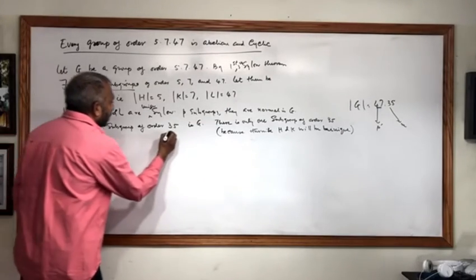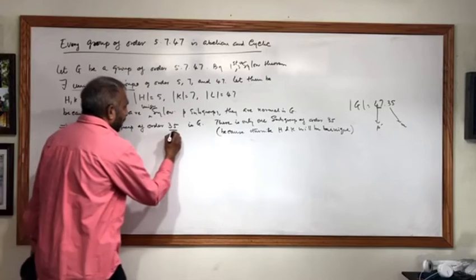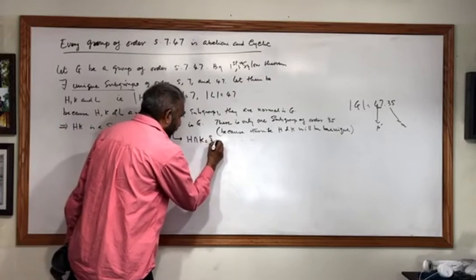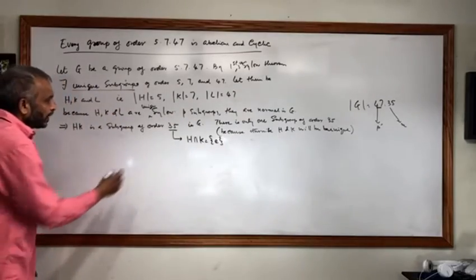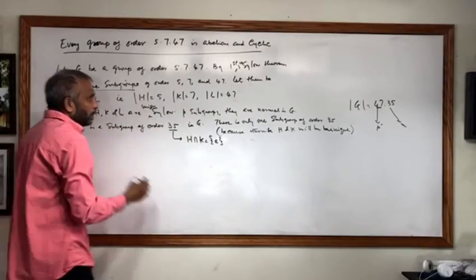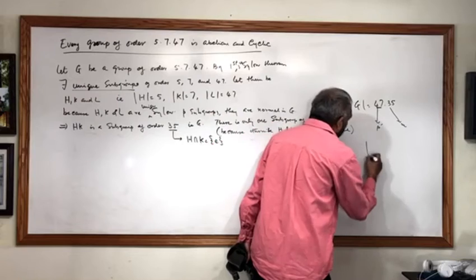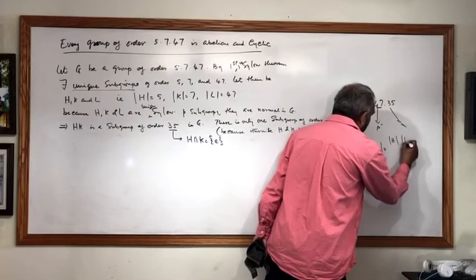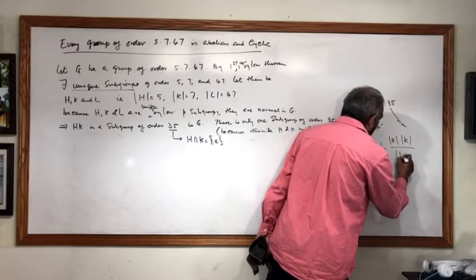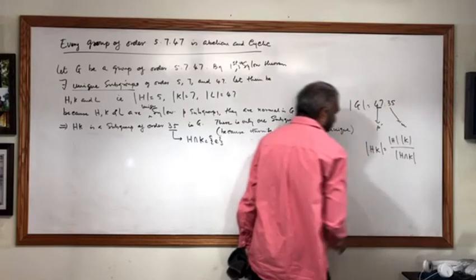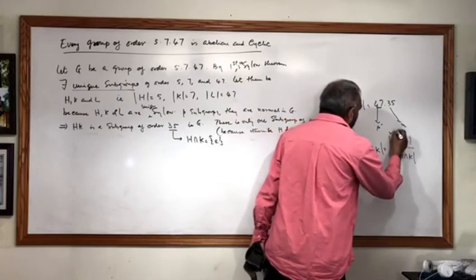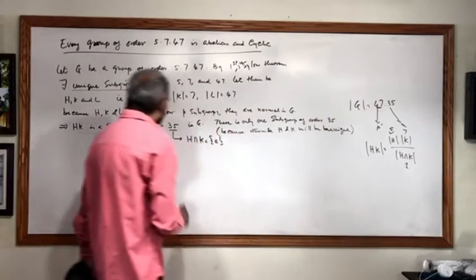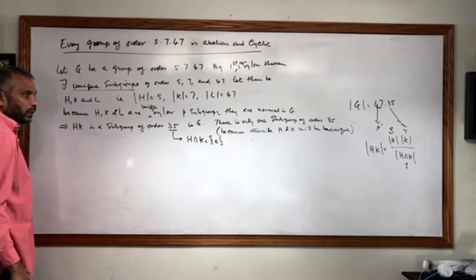Another reason for this being 35 is that H intersection K is equal to E, and we are going to use the earlier lemma. Order of HK is equal to order of H times order of K divided by order of H intersection K. This is 5, this is 7, and this is 1. And that is why we have 35 here.